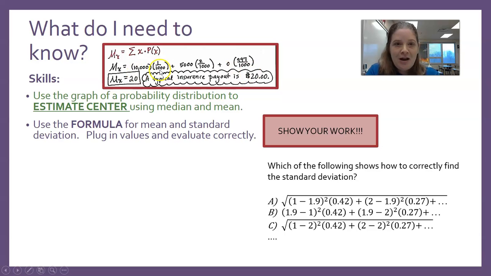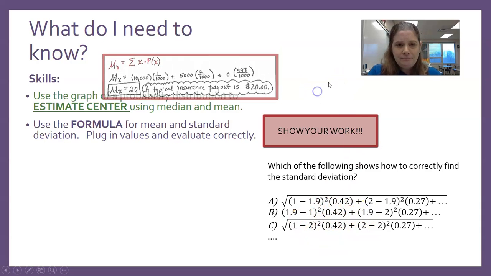Do all that string in your calculator, but you need to show plugging into that formula that you know how to calculate that. You also need to be able to show that work on standard deviation. If you're looking at a multiple choice question, it'll say which of the following shows how to correctly find the standard deviation. So even if it's not a free response, you need to know how that formula works so that you can pick out the right answer here.